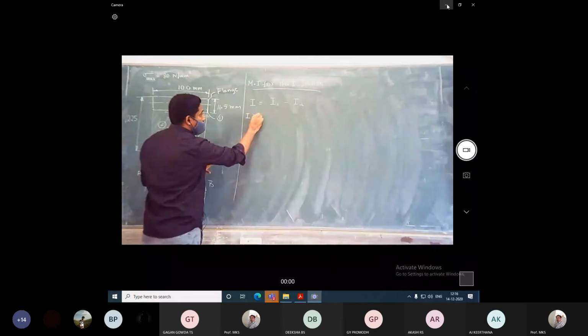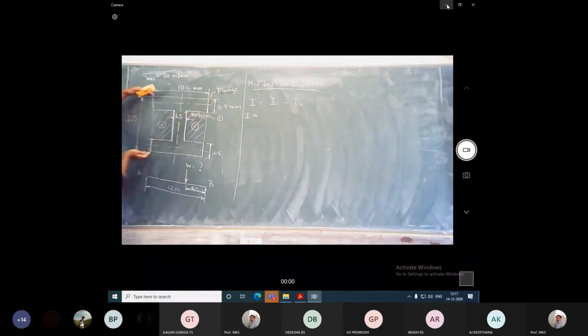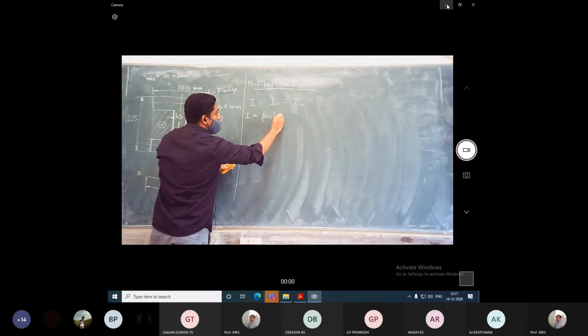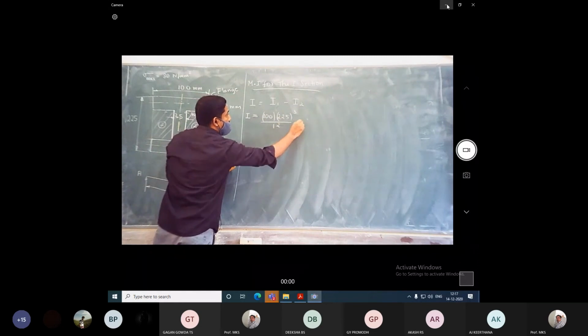What is the width and what is the depth for this complete rectangle? B is 100, depth D is 225. So I1 is BD cubed by 12, with B is 100 into D is 225, BD cubed by 12. So this is I1 minus.